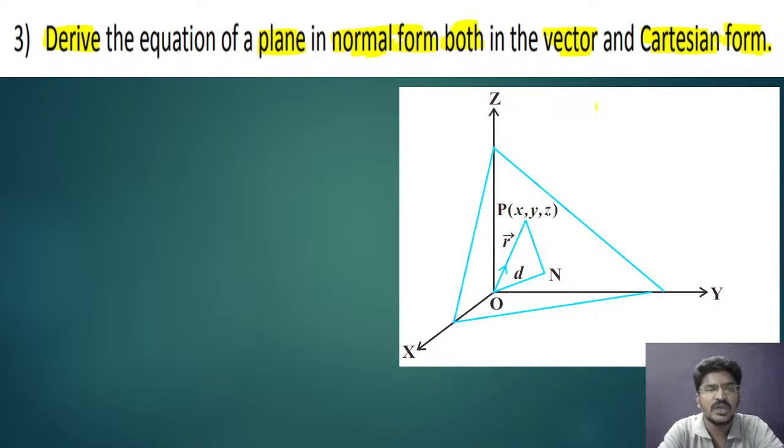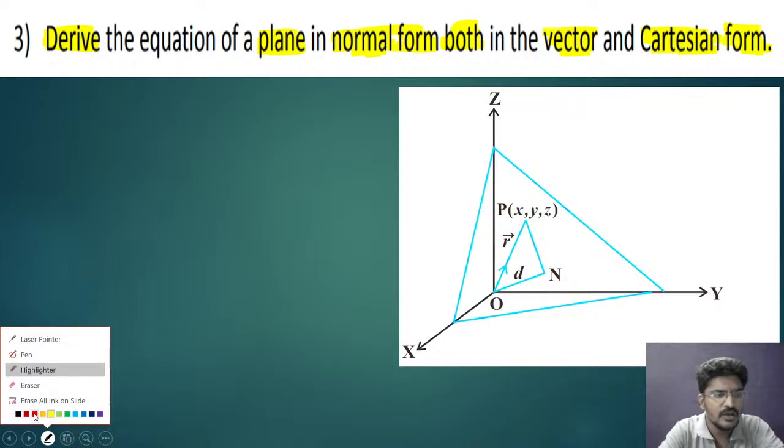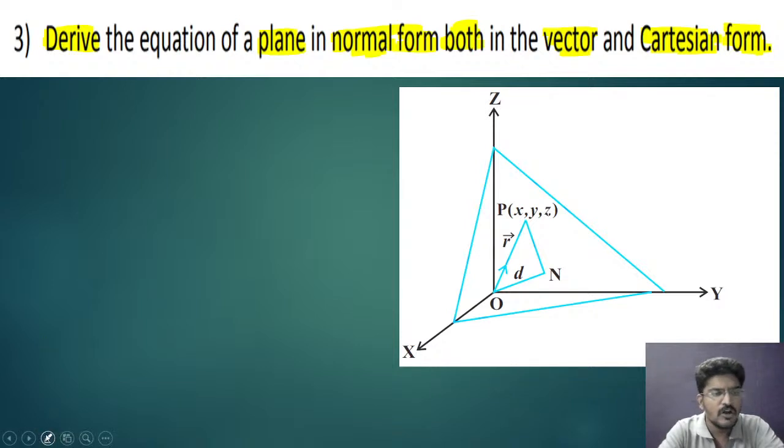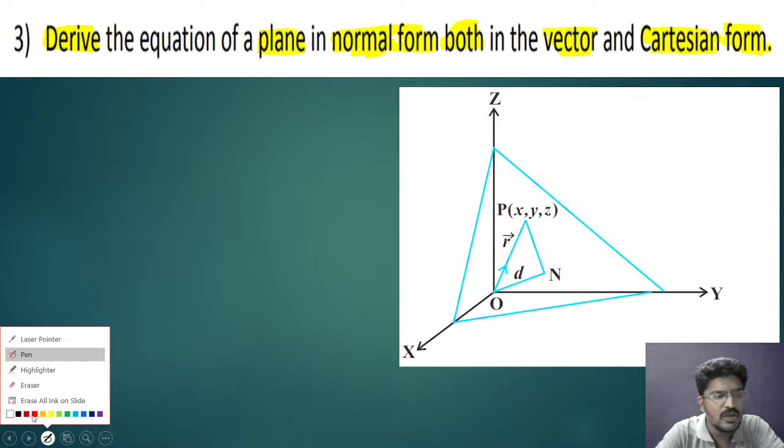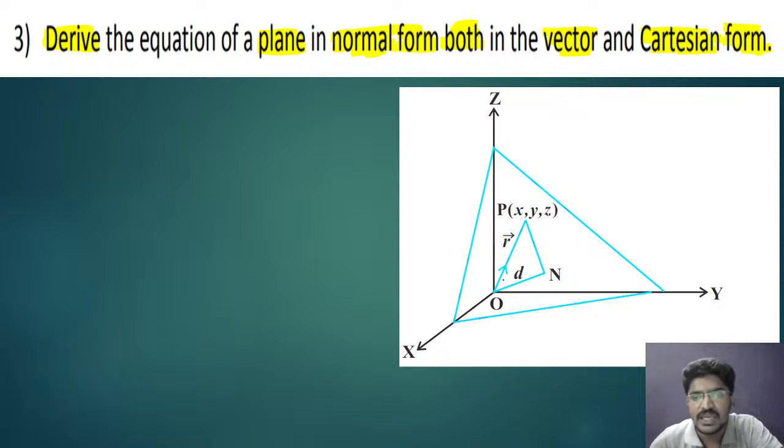Okay, so here you first see one very important thing. To remember the normal form of the theorem, first you draw the diagram. Next, you remember that in the normal form of the plane, you have the distance from the origin. So this is very important. Please remember this.